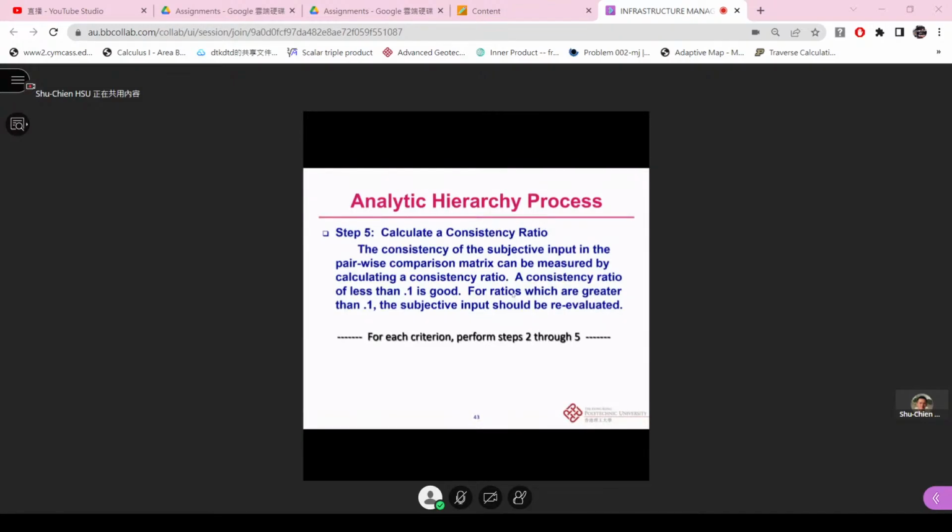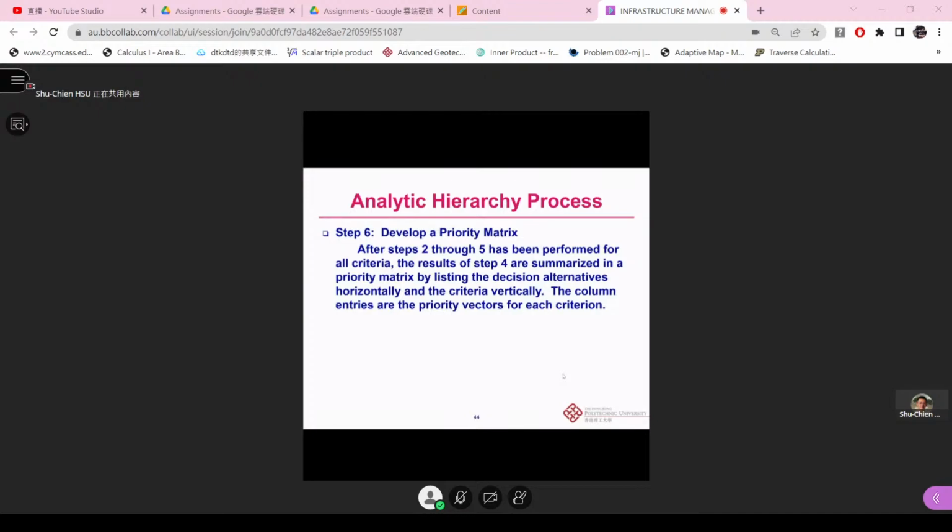So a consistency ratio of less than 0.1 is good. For ratios greater than 0.1, the subjective input should be re-evaluated. So for each criterion, we perform steps 2 to 5.